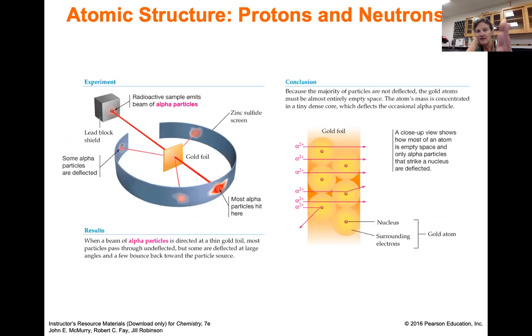And so if you shoot alpha particles from the left through to the right, in general, what you see is that the alpha particle does not run into a nucleus. And an alpha particle is a positively charged particle. So if an alpha particle were to run into a nucleus, they would repel each other.